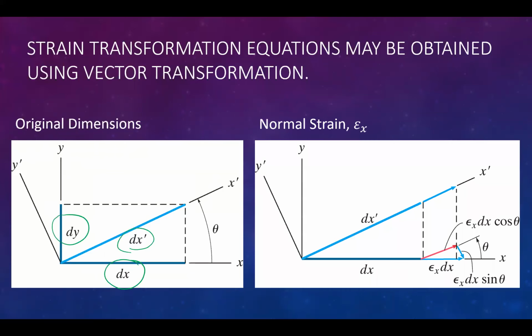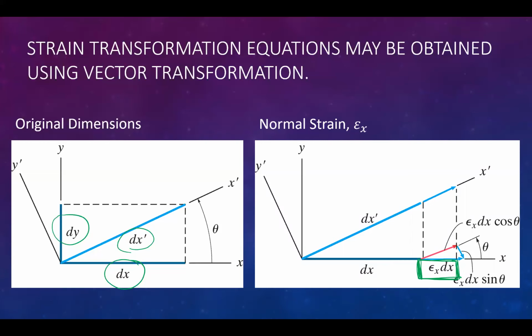And then let's say that we experience an extension in the x direction. That extension is given by the strain times the initial dimension in the x direction. That is how much the material is deforming in that direction.